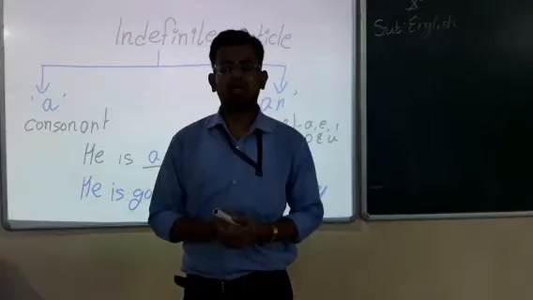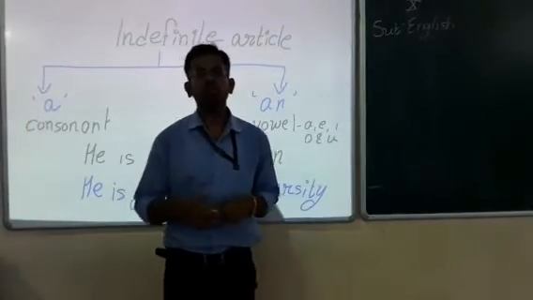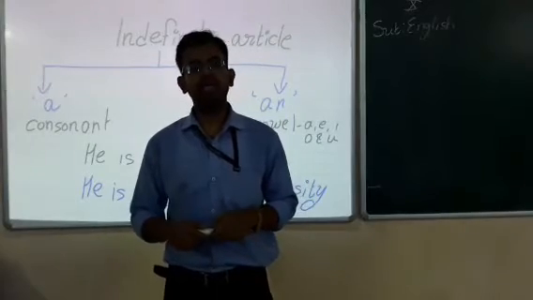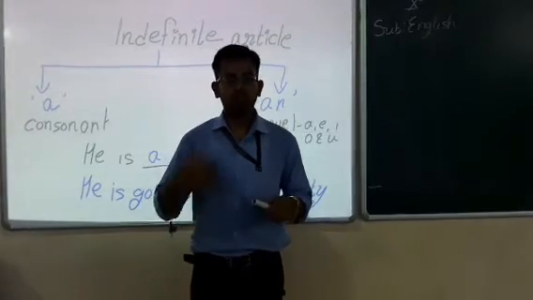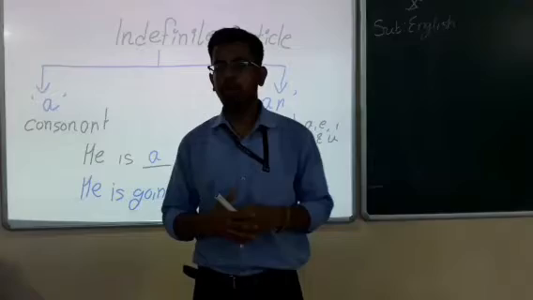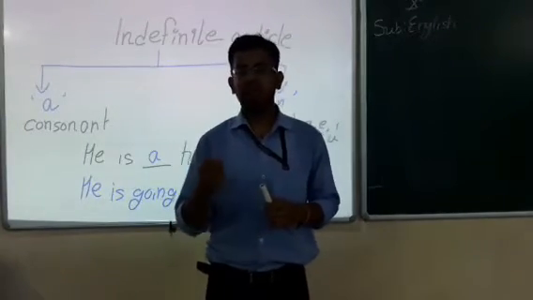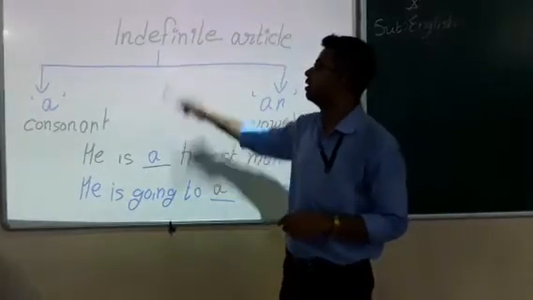From very small classes, we used to learn about the use of a and an. So in this class, I am not going to explain it in more detail. We will just have a glimpse of it.